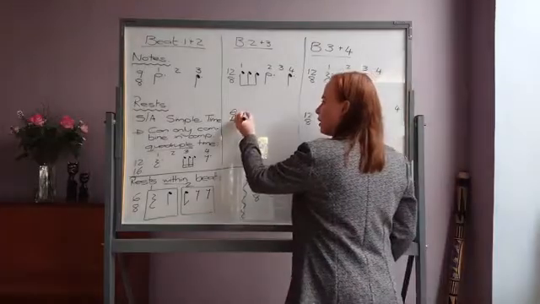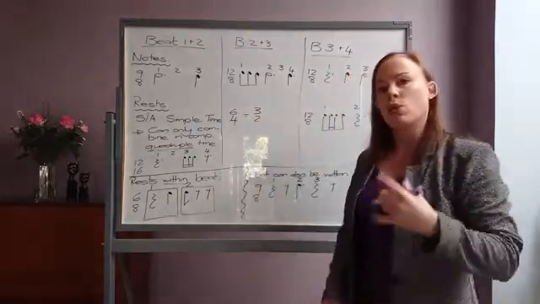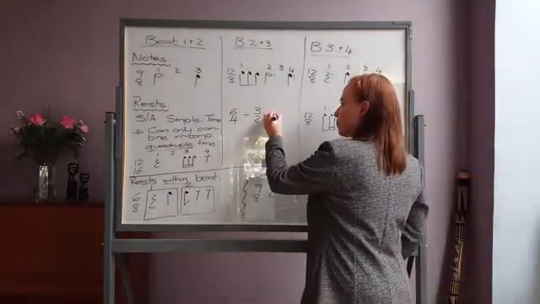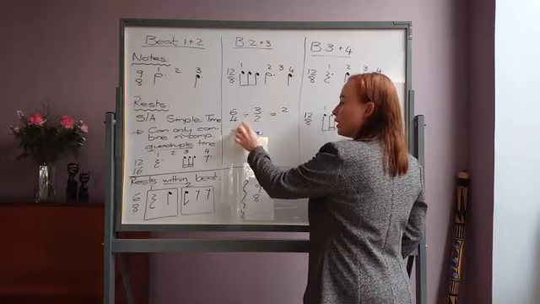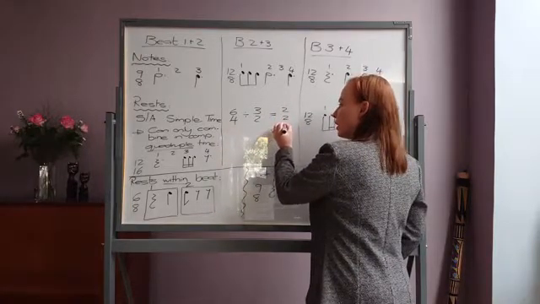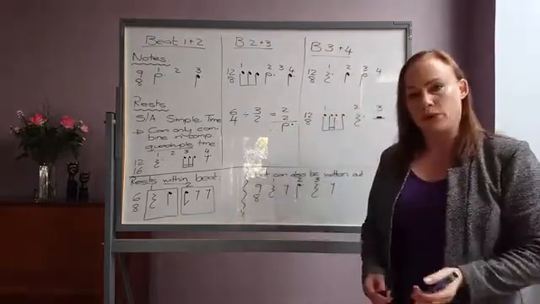So when we divide by 3 and by 2, this part of the calculation always stays the same. 6 divided by 3 is 2, 4 divided by 2 is 2. In other words, we are working with 2 dotted minim beats per bar.